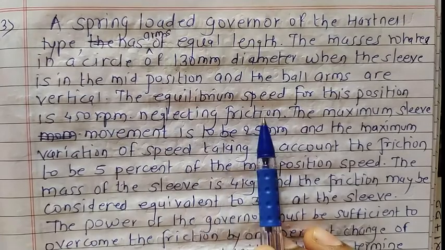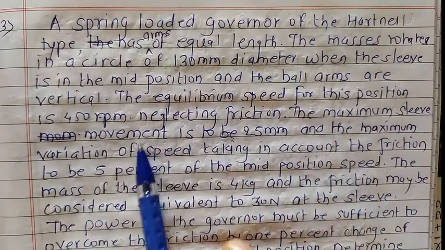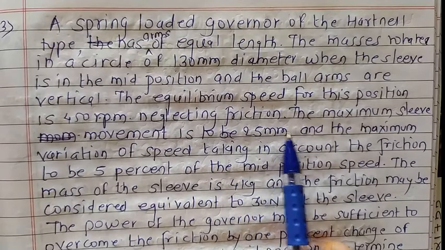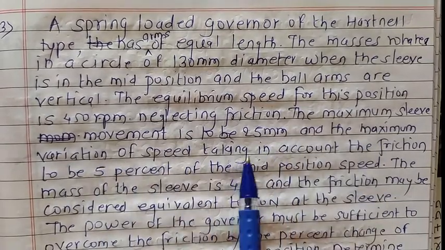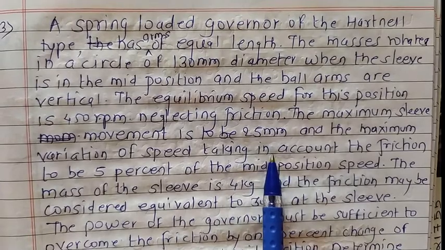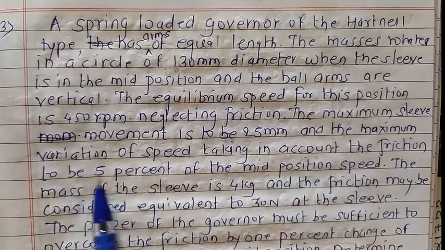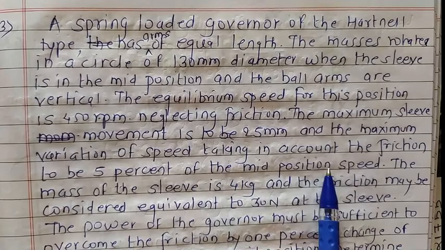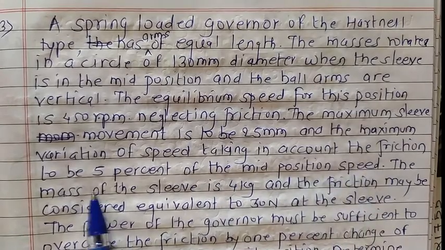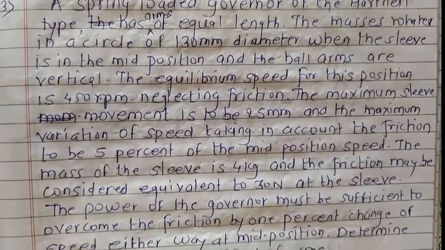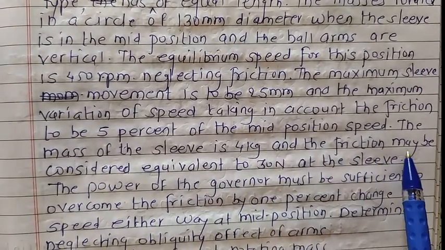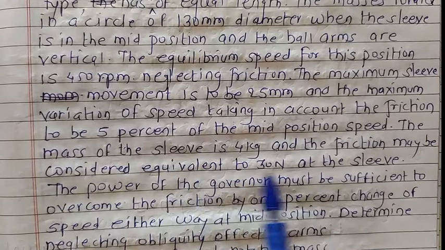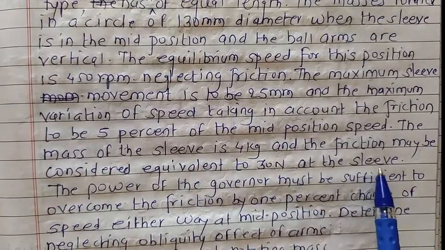Neglecting friction, the maximum sleeve movement is to be 25 mm, and the maximum variation of speed taking into account the friction is to be 5% of the mid position speed. The mass of the sleeve is 4 kilogram and the friction may be considered equivalent to 30 Newton at the sleeve.